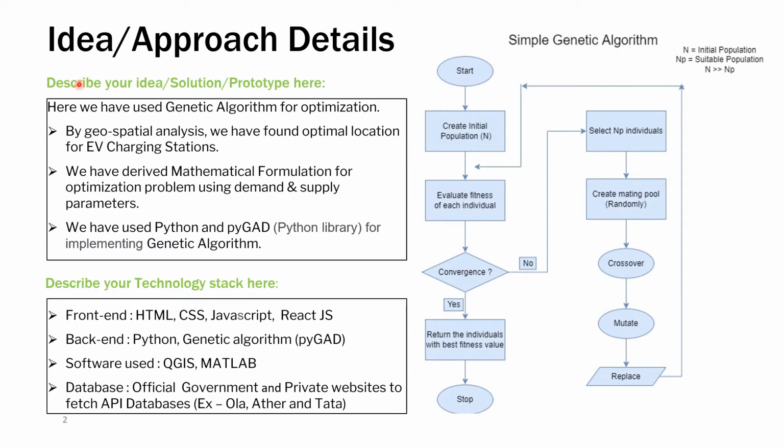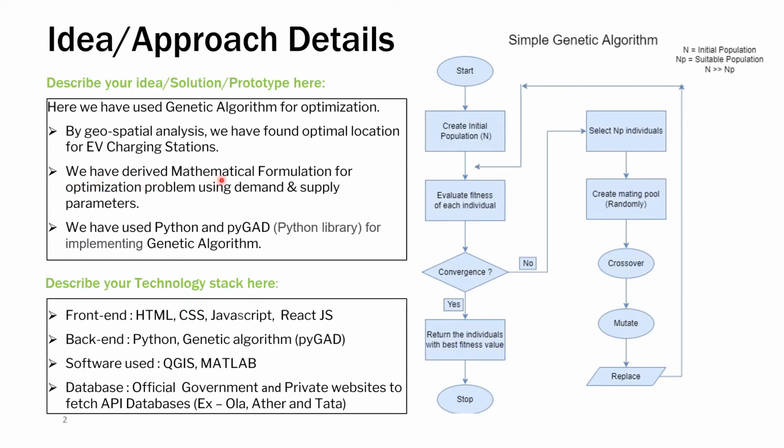Now let me describe the solution. We have used the genetic algorithm for the optimization. By geospatial analysis, using QGIS, we have found optimal locations for EV charging stations. We are going to put the solution on the map, and we can also take input from the map itself.